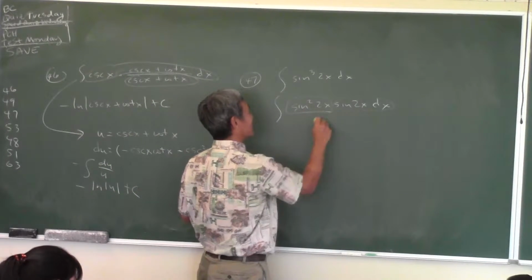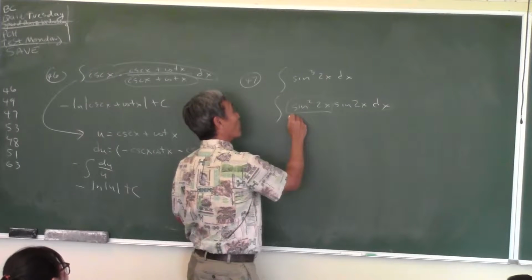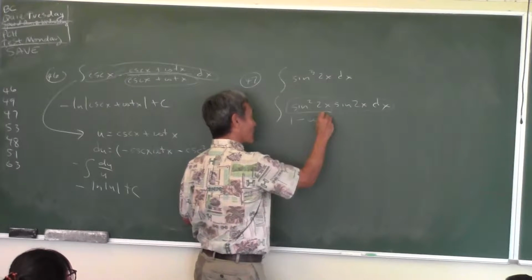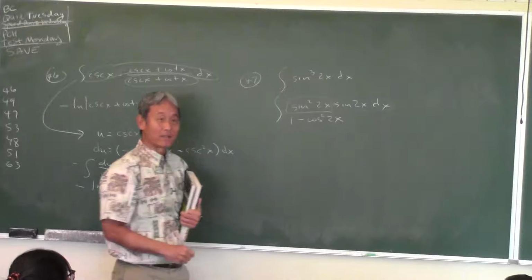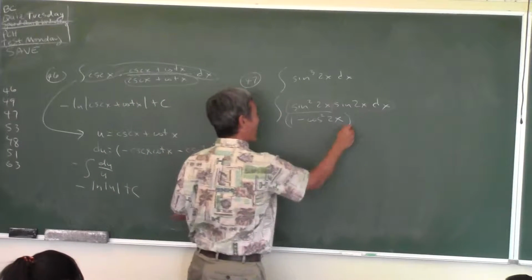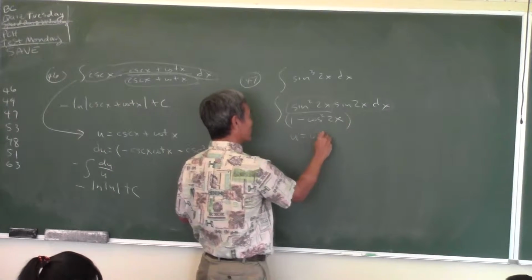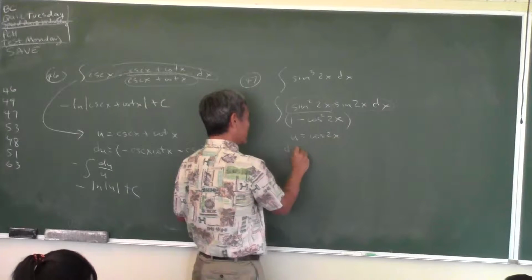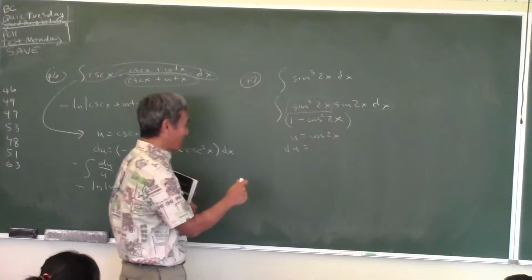What's the identity for sine squared 2x? 1 minus cosine squared 2x. It's the Pythagorean identity. So once you do that, now it's easy. If you let u equal cosine 2x, what is du? Read it off your paper.